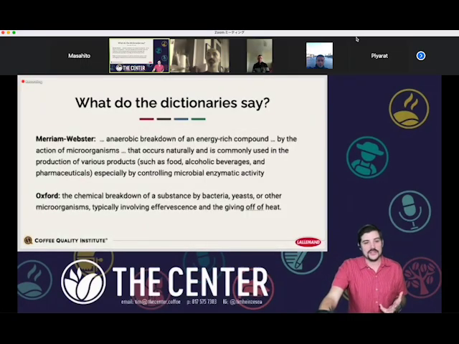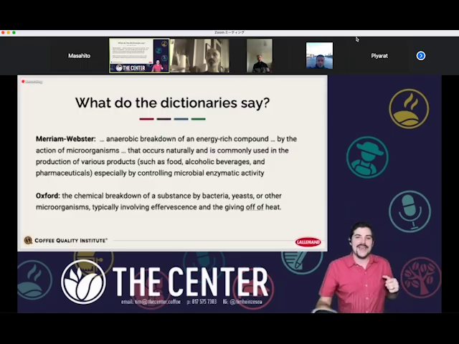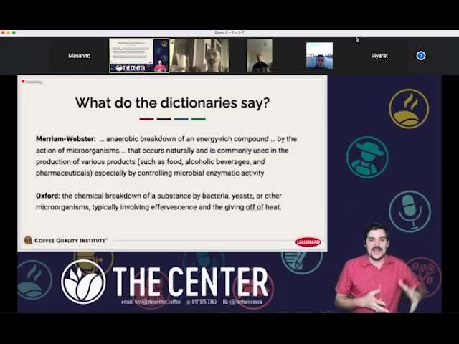Specifically, it talks about how fermentation is the enzyme catalyzed anaerobic breakdown of an energy-rich compound, such as a carbohydrate, by the action of microorganisms that occurs naturally and is commonly used in the production of various products, such as food, alcoholic beverages, pharmaceuticals, especially by controlling microbial enzymatic activity.